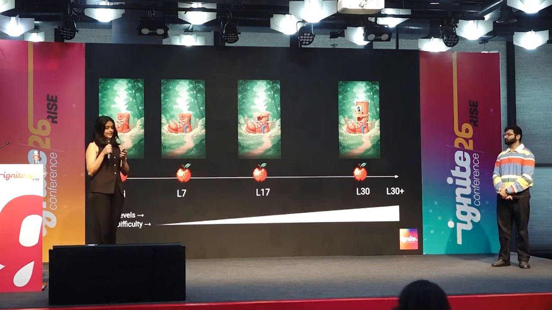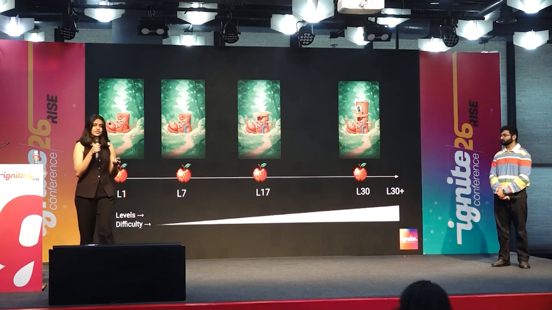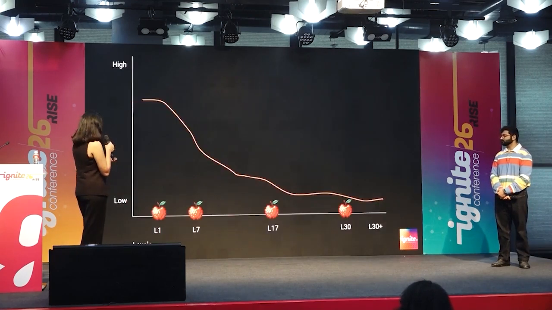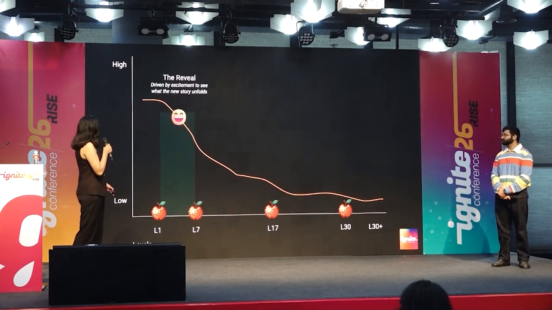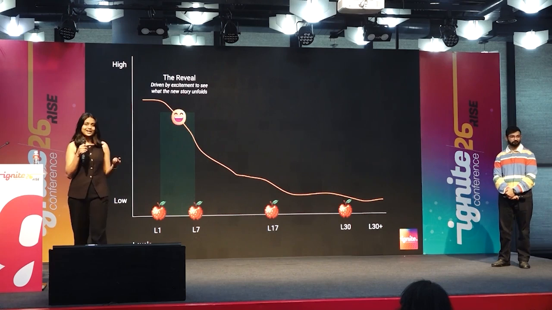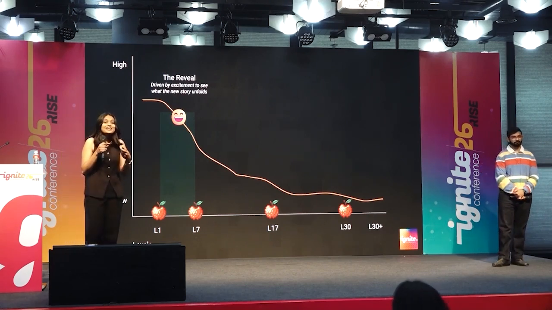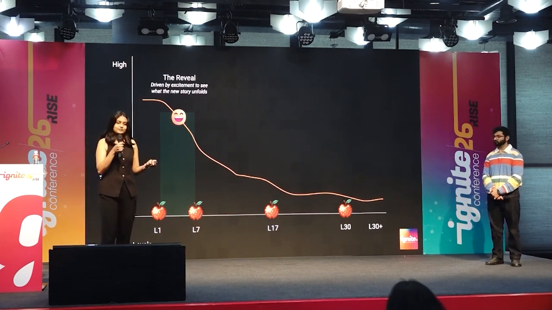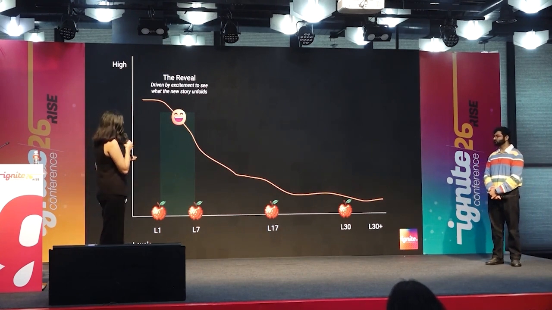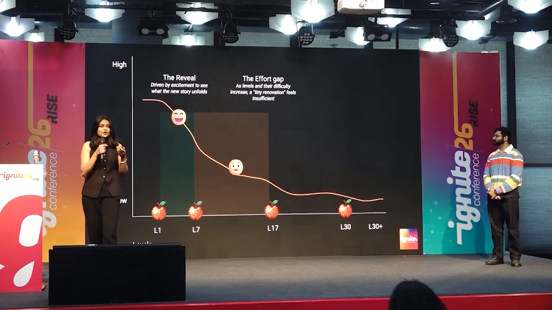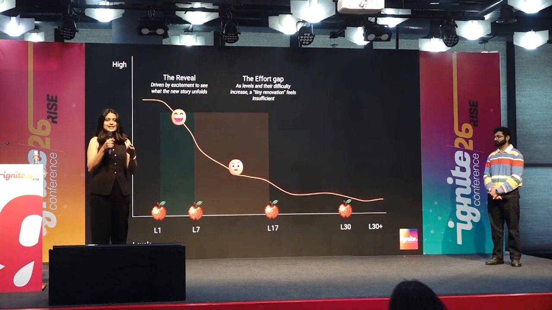So we created an emotional mapping across 50 levels, and what ended up happening was that across the first few levels, there was this narrative spark. People loved the character when it was presented to them, and they were excited to see how the story unfolds. However, as they kept playing, it was almost like they had to wait for that story to come in, and they were confused.